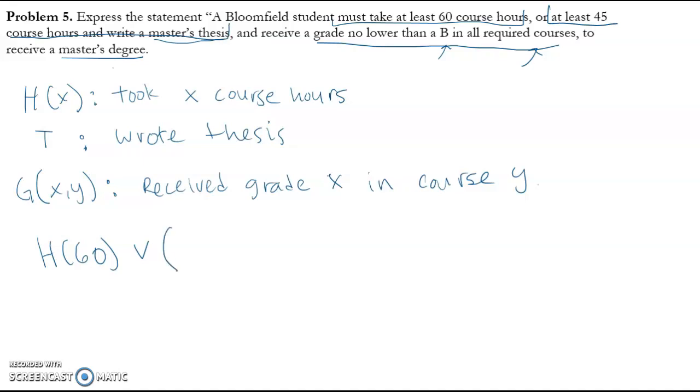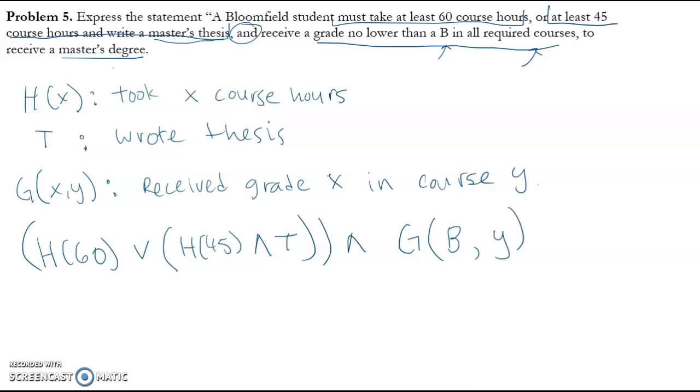So probably I'm going to have to do, in parentheses, H of 45 and T. Okay, so all of this is conjoined by another and statement, and receive a grade no lower than B. So I'm going to use the G. Receive a grade B in this case, in all required courses. So it's going to be G of B comma Y, and this is for all, so I'm going to do for all courses Y.